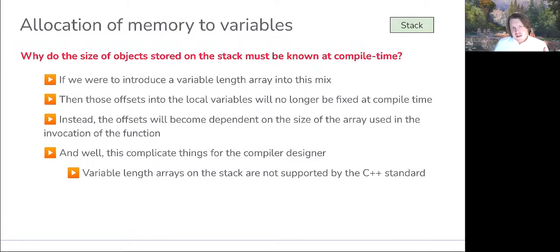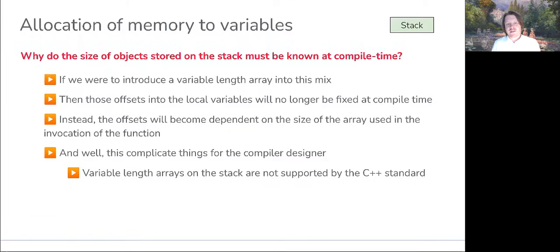Now, consider this. If we were to introduce a variable length array into this mix, let's say that x2 had an array whose size could vary from each function call. Well, this would be problematic, because then those offsets to the local variables would no longer be fixed at compile time. Instead, the offsets would become dependent on the size of the array used in a particular invocation of the function.